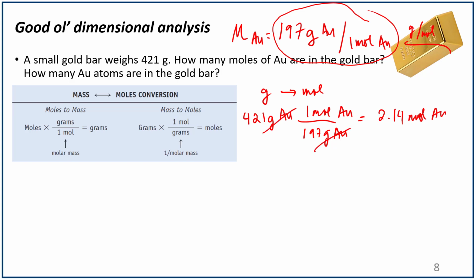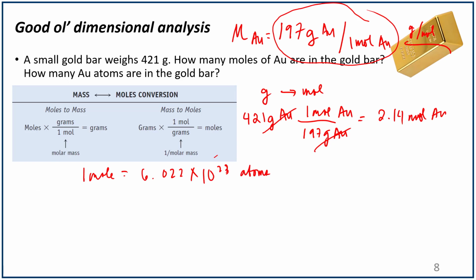Next we want to determine how many atoms of gold there are in the gold bar. We can use the fact that for every 1 mole, you have 6.022 times 10 to the 23 of something. For this one, that something is atoms of gold.